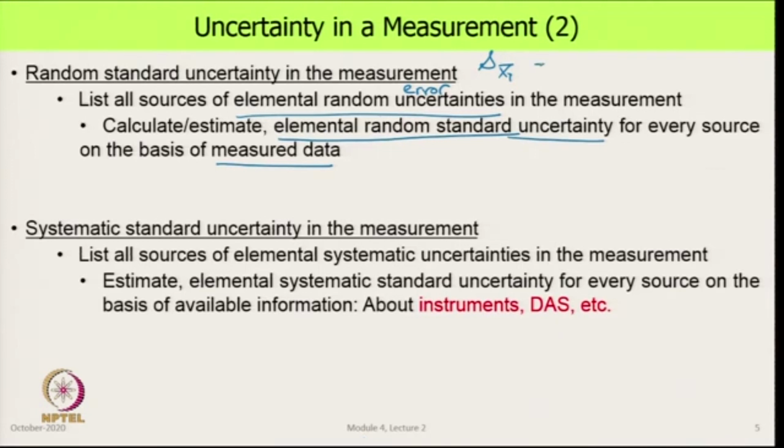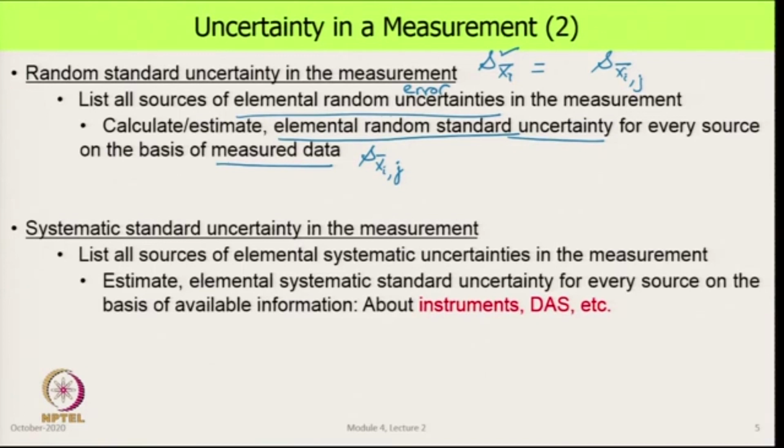So, S x_i is a function of S x_i bar for j, where j is the jth source of elemental random uncertainty. With this calculation, this is what we will get, x bar comma j. And then we will see, using a formula, from this we can calculate this.